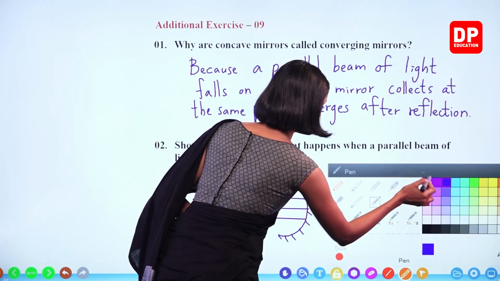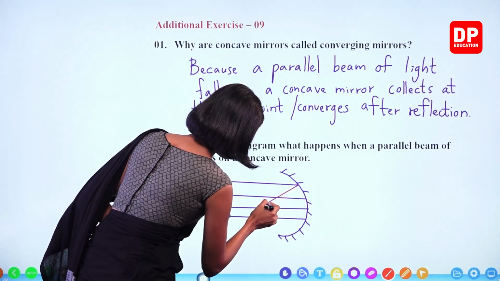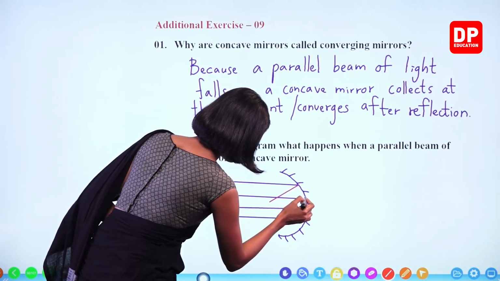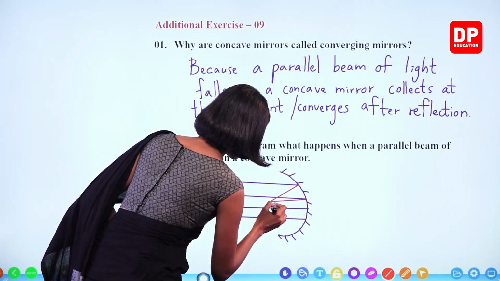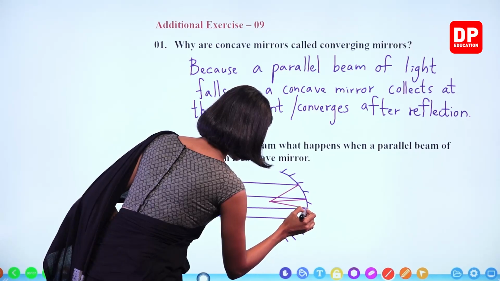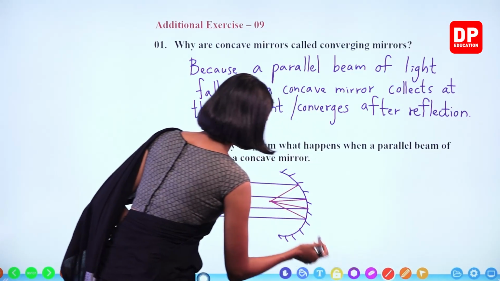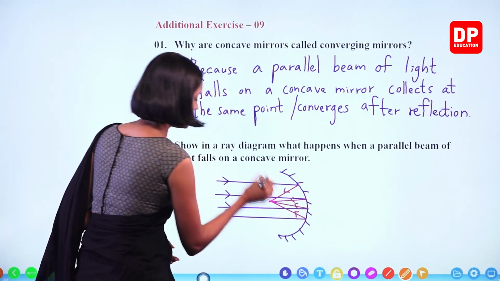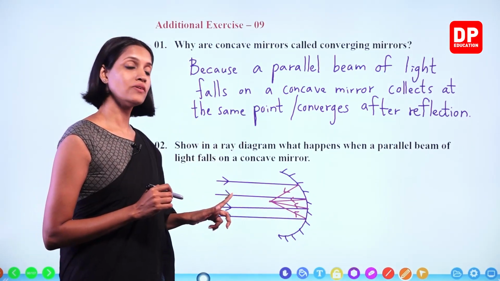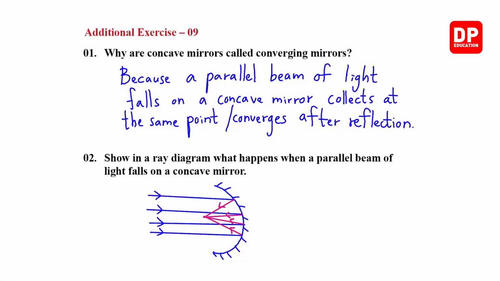We'll use a different color to draw the reflected light. Right, straight lines and arrowheads. They meet at the same point, right? This is known as the convergence of light. Okay, children, we'll move on to the next.